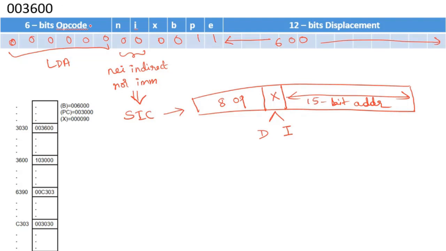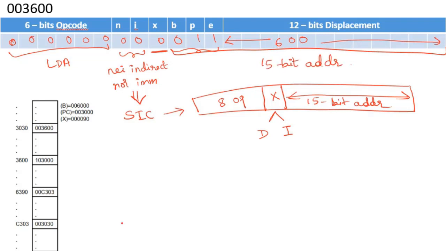So when both N and I values are 0, this will be an SIC instruction, not an SIC/XE instruction. So it is just sufficient to note the X value to determine the addressing mode. X0 is direct, X1 is indexed, right? So the remaining bits, that means this BPE, is not treated as flag bits. Instead, this whole should be treated as a 15-bit address.